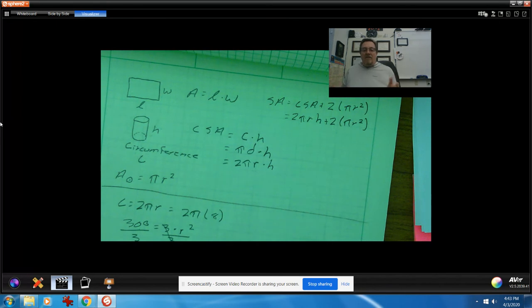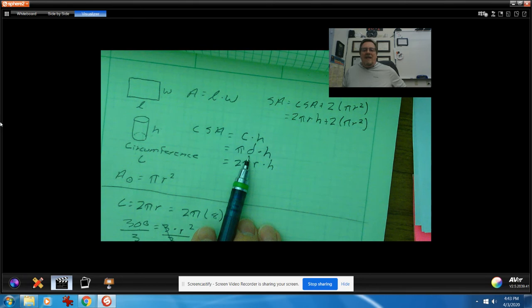How do we find the circumference? Well, circumference is pi times the diameter of the circle that you form. So the curved surface area is pi times the diameter times the height. Pi d is our circumference, H is our height.